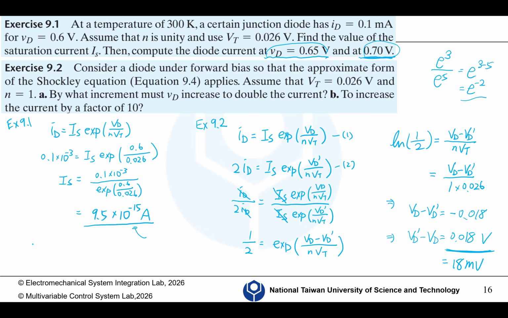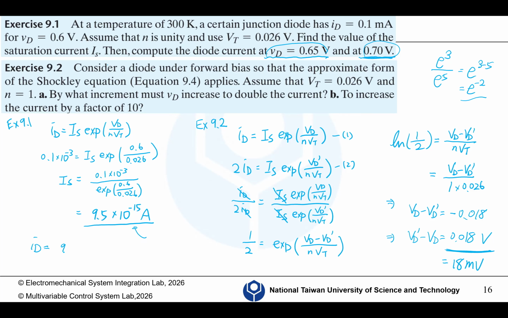So then we need to calculate ID equals IS exponential VD, which is 0.65, over 0.026. If you plug in the IS, let me write down all the numbers.